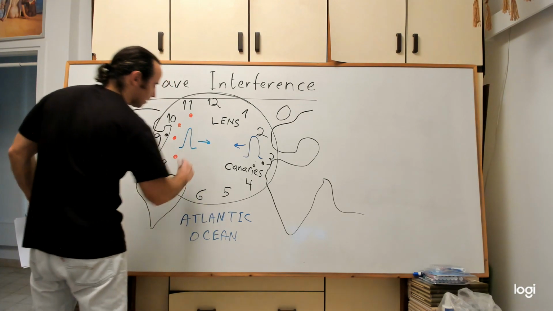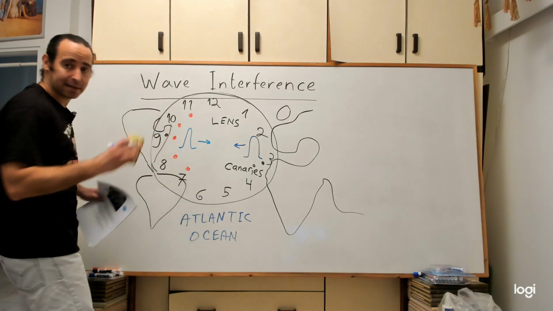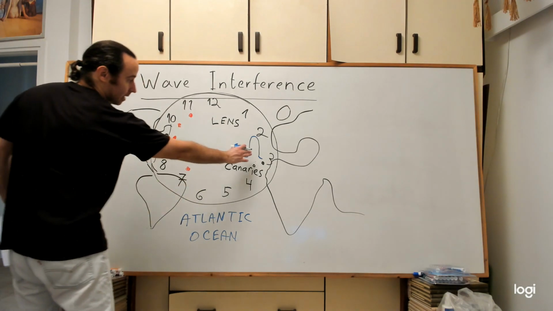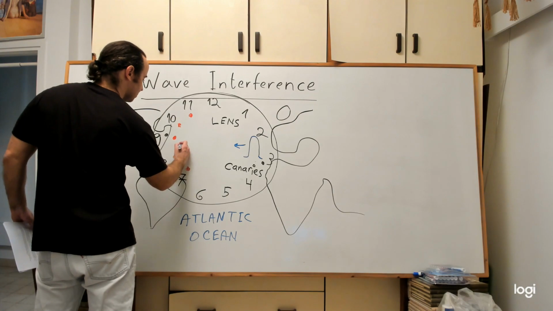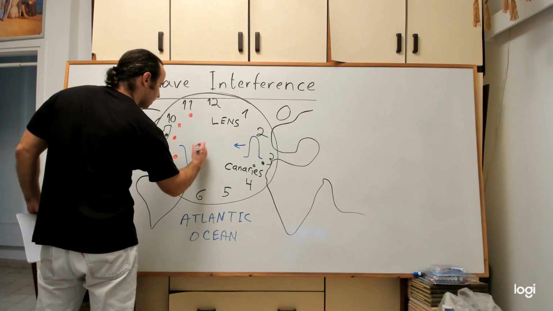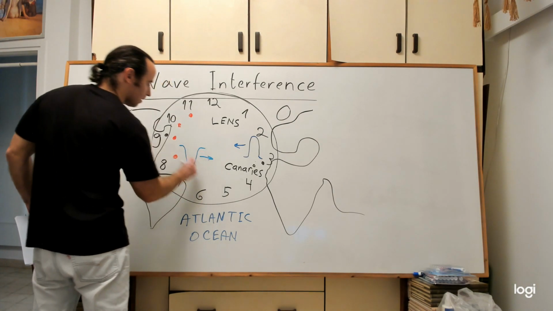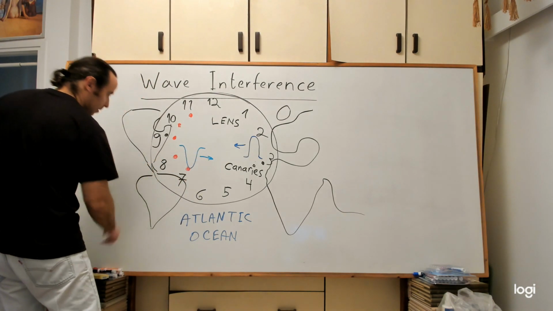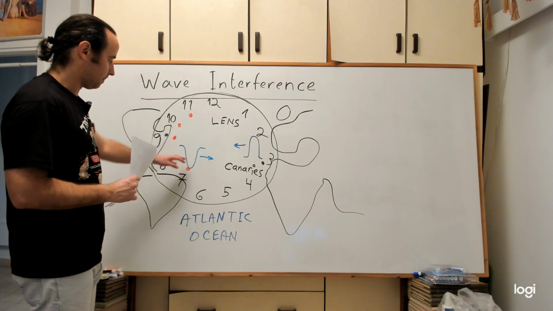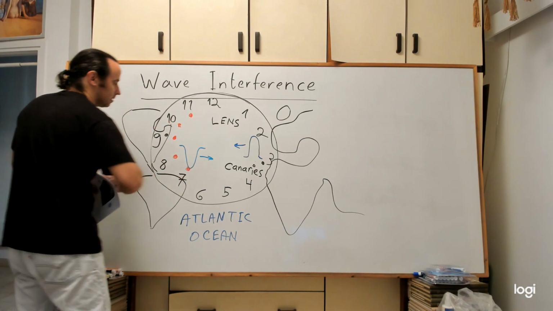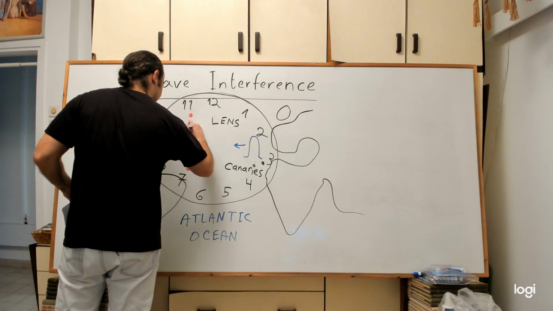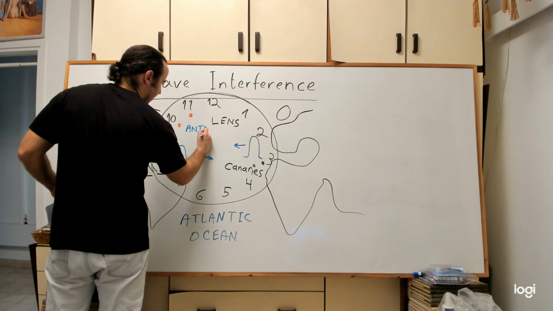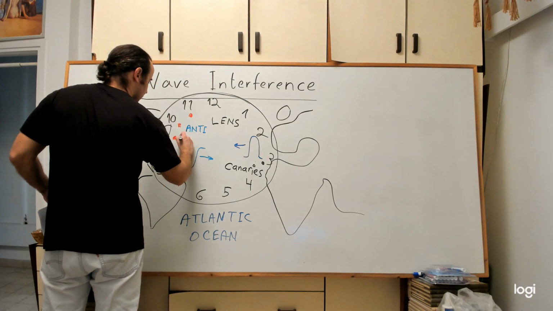Okay, so this is an artificial tsunami, and we calculate beforehand that its phase is exactly opposite to this one. So it will be like this. An identical wave, but with the opposite phase. This is the anti-mega tsunami.